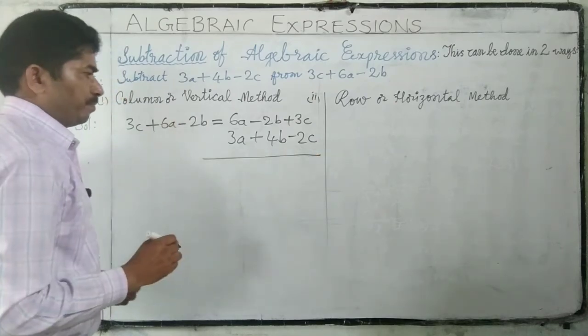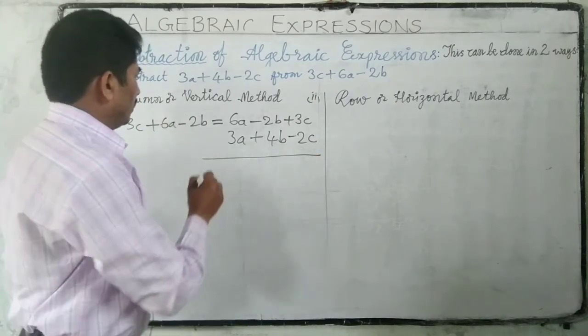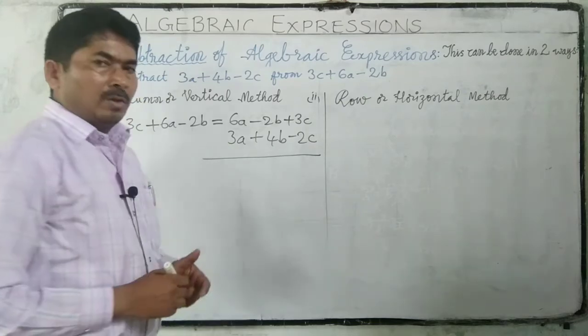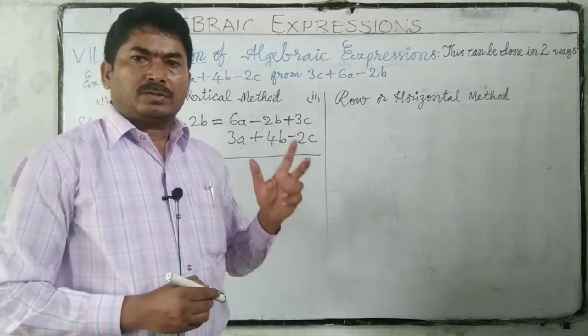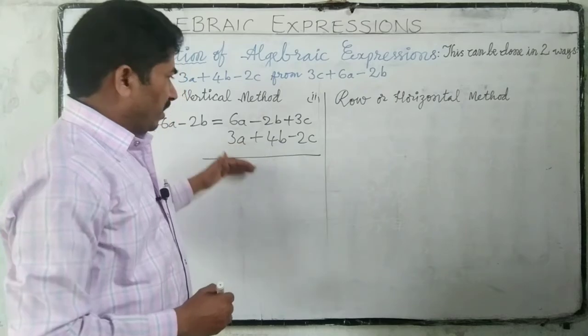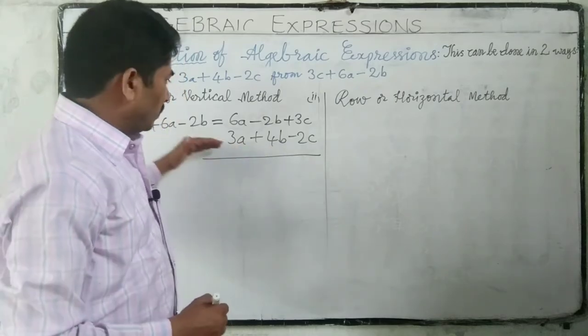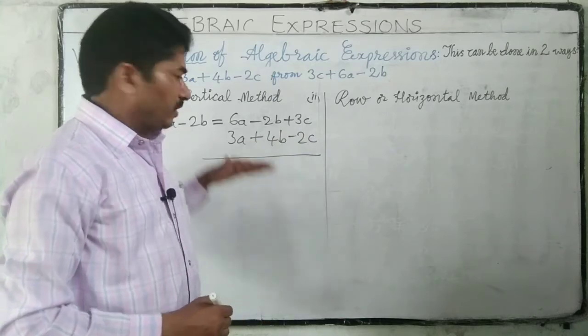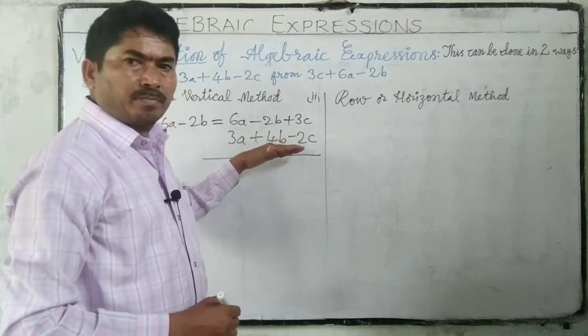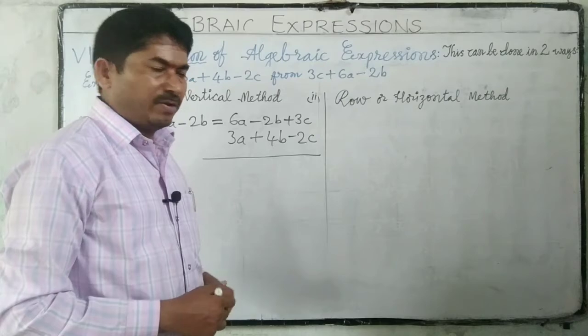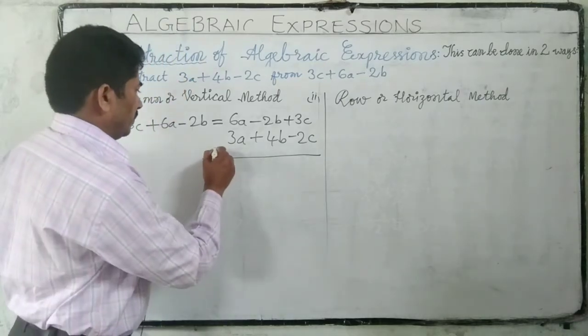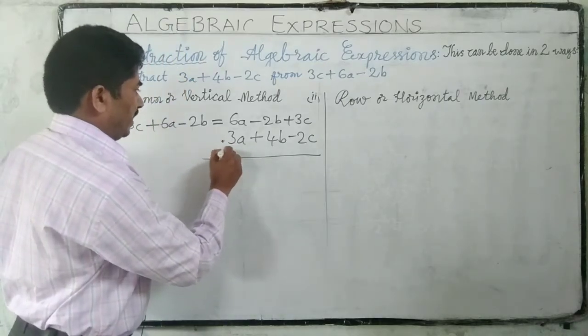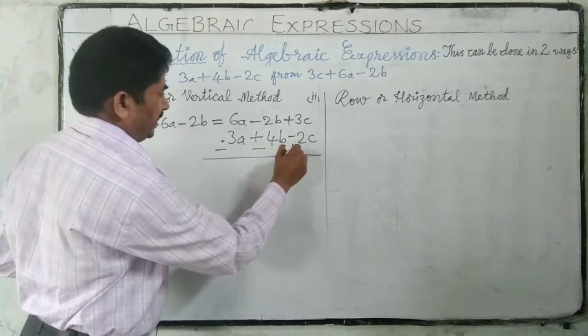Draw a line. The expression which we have to subtract, we have to change all the symbols to make it the additive inverse. This is plus, minus, minus, plus.